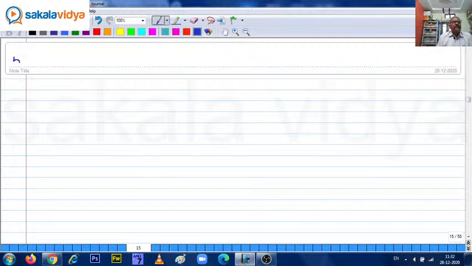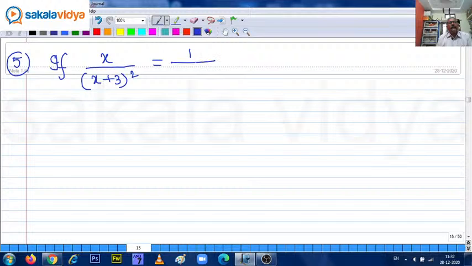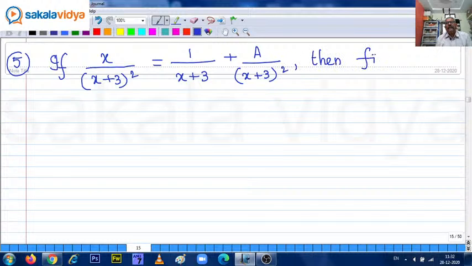So fifth question. If x upon x plus 3 whole square equals to 1 upon x plus 3 plus a upon x plus 3 whole square, then find a.